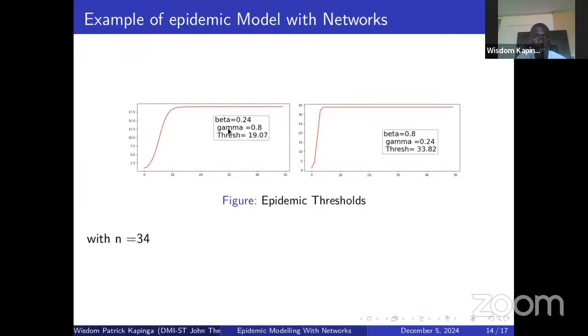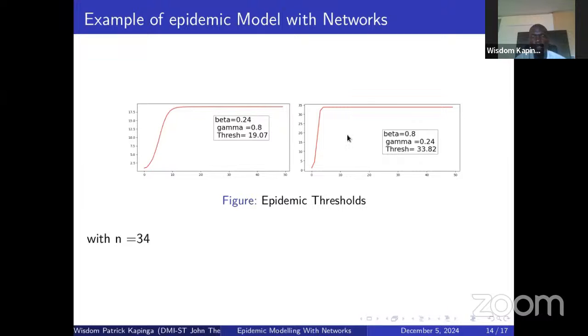So you see that here the transmission rate is smaller as compared to the recovery rate. Gamma is the recovery rate, and beta is the transmission rate, as we already discussed.